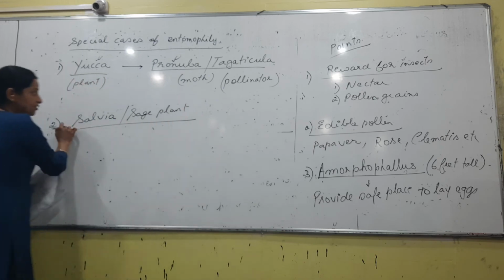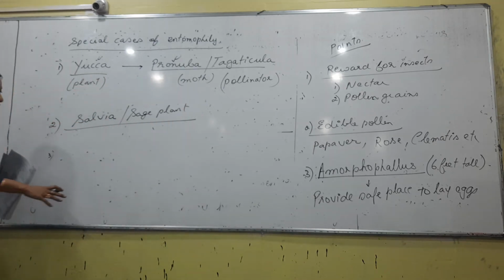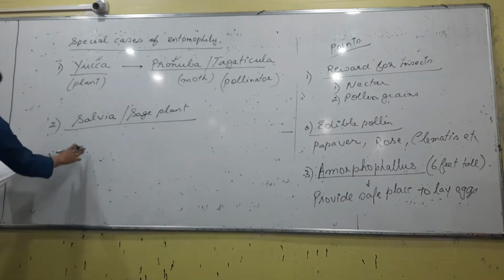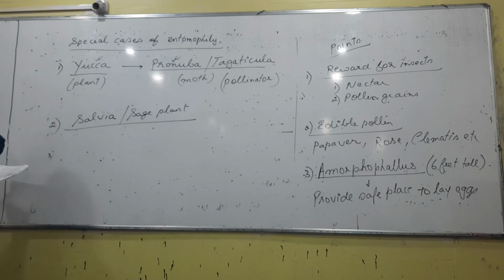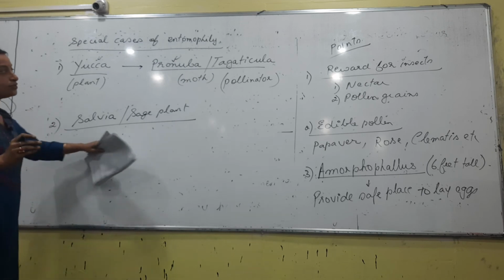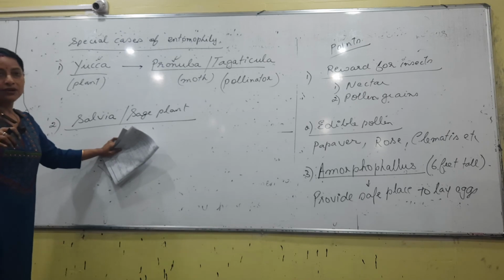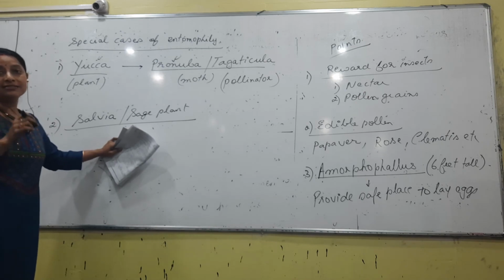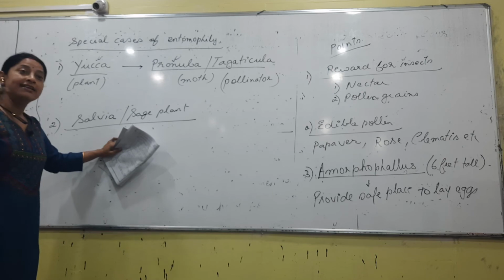As far as the process of pollination is concerned, how it happens, you don't have to study. Insect pollinated, no? So the insect will enter inside the flower. What does this insect do? It enters the ovary, punctures the ovary and lays its eggs there.